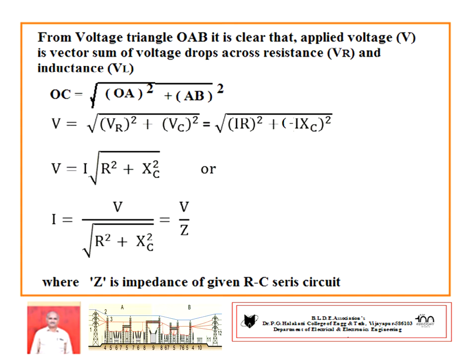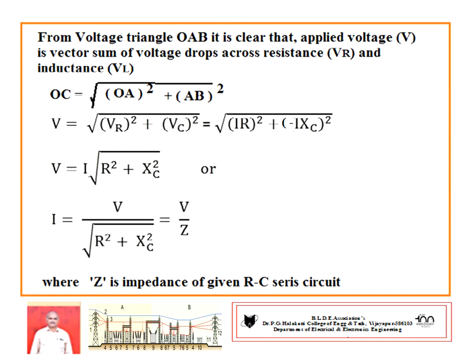From the voltage triangle, it is observed that the applied voltage V is the vector sum of these two drops, VR and Vc. So, OC squared equals OA squared plus AB squared. OA is VR, AB is Vc. Then you substitute in terms of current: I into R squared plus I into minus Xc squared.